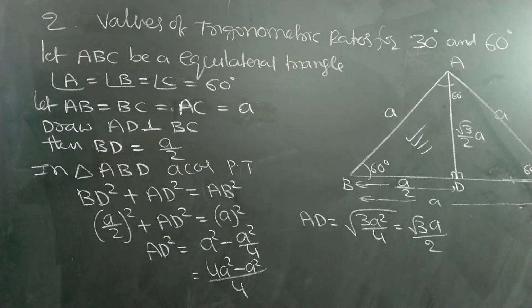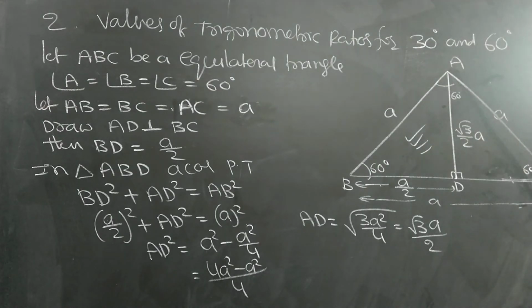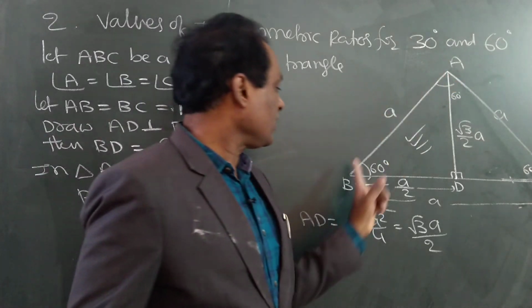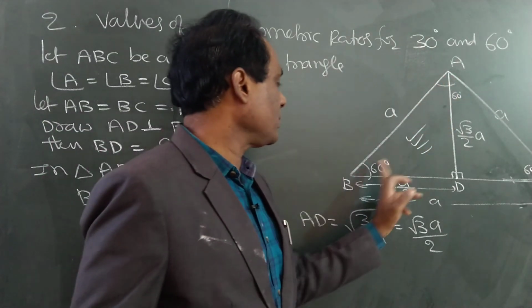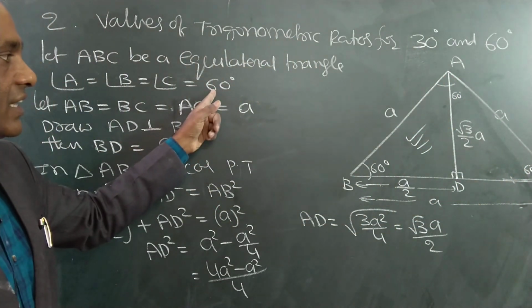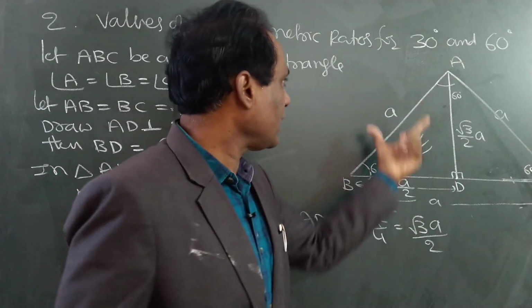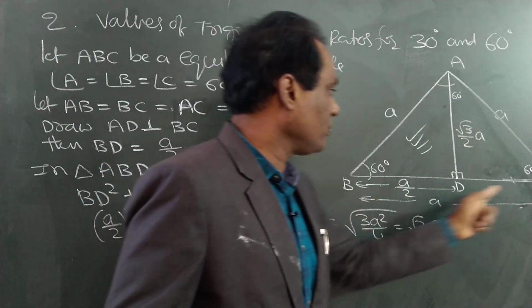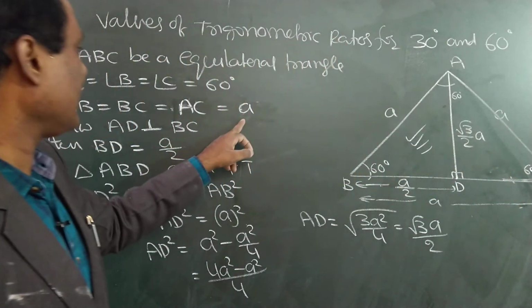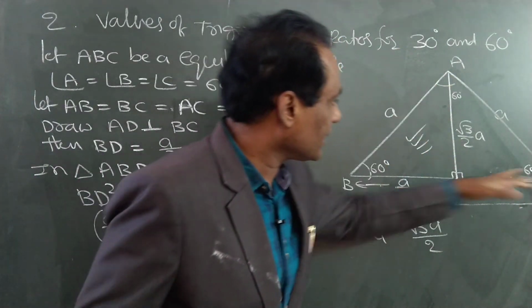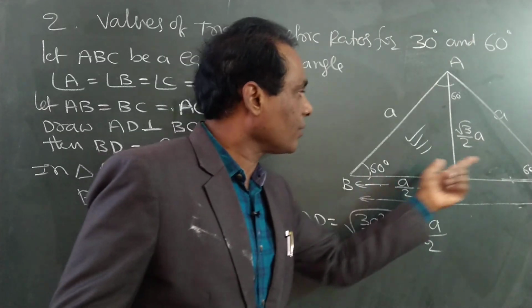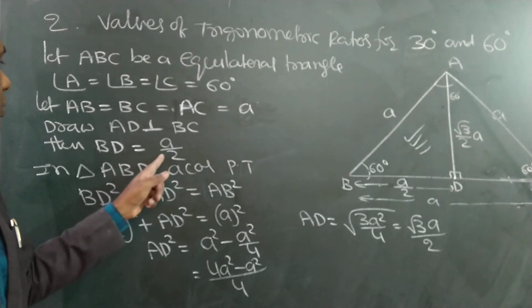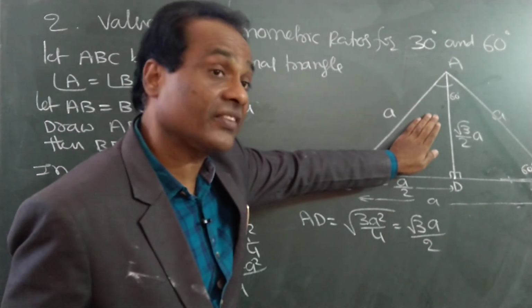Write down up to here. ABC is an equilateral triangle. Angle A is equal to angle B is equal to angle C is equal to 60 degrees. Let AB is equal to BC is equal to CA is equal to A. Draw AD perpendicular to BC. This divides the base into two equal parts, A by 2 and A by 2. This triangle is a right angle triangle.